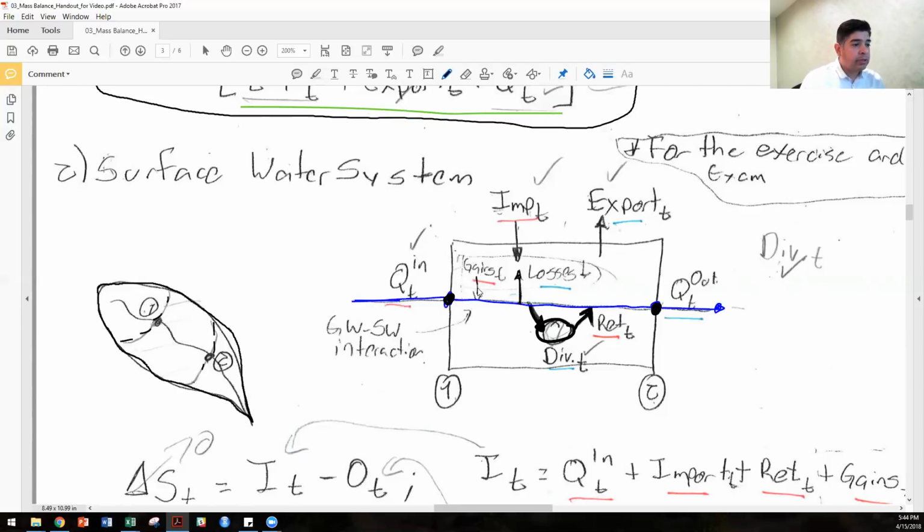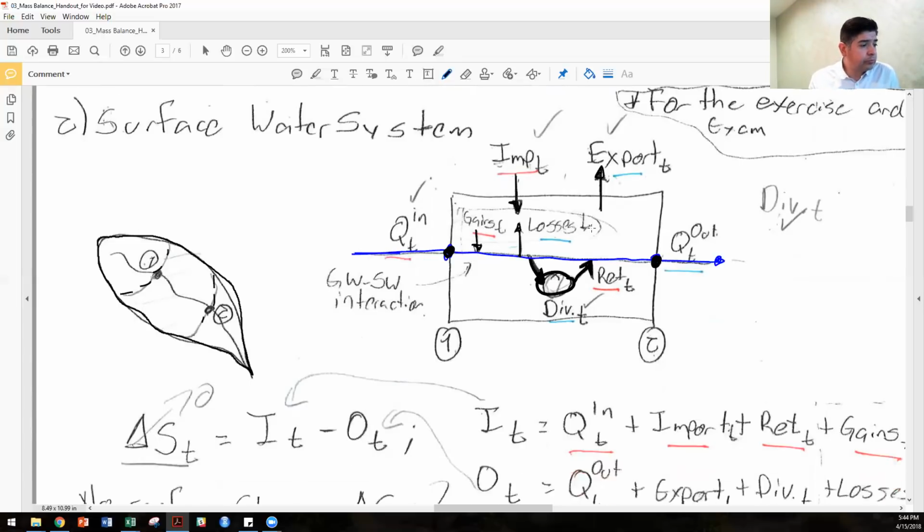And it may sometimes, at certain periods of time, be gaining some water from the aquifers. Some of the water might be imported from an outside basin, or this basin might be used to export water to another basin through canals and so on.